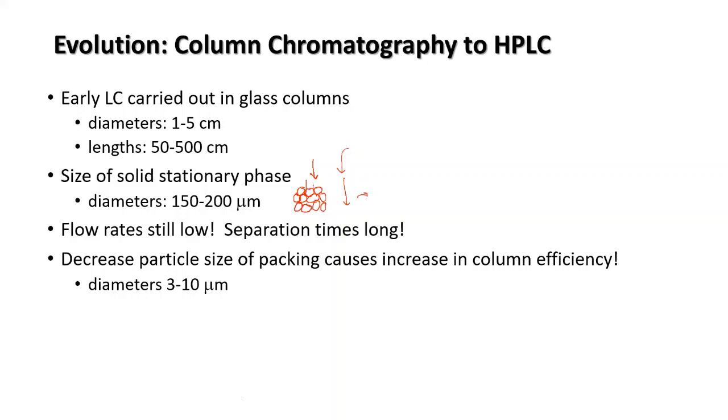Say suppose you have 5 molecules, and the active surface available for interaction is, say, for 4. So 1 molecule is not able to get interaction, and it will just pass very fast. But if you adjust the particle size in such a way that almost all of the molecules can interact, then the movement of those molecules will be in a systematic way, so you can do the separation nicely.